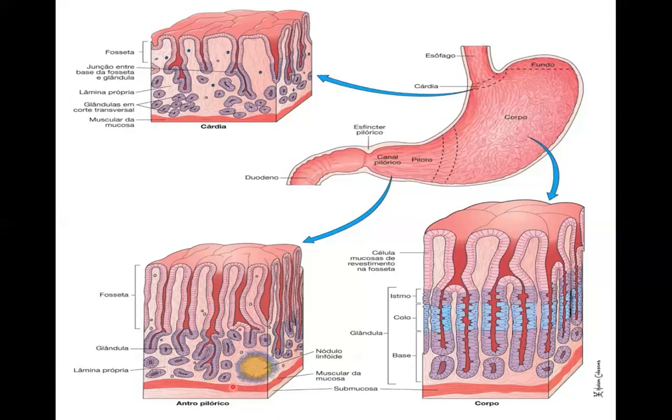The muscularis mucosa in the stomach is also unusual, because we are used to the muscularis mucosa being 2 layers, inner circular and outer longitudinal. Here it consists of 3 layers. There is an innermost oblique layer.